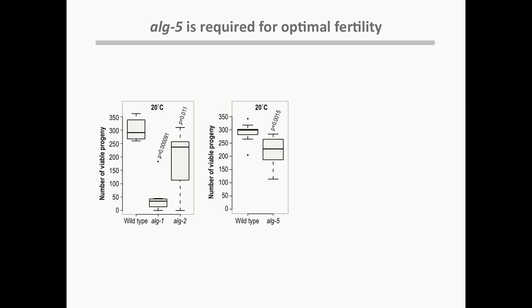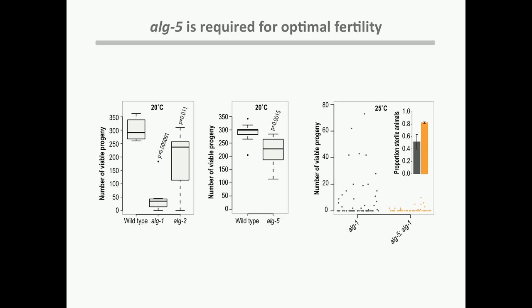Not nearly as dramatic as what we see with ALG-1, but it's actually somewhat additive with ALG-1 as well as with ALG-2, which I'm not showing here. So in ALG-1 single mutants, we see about 50% of the animals being sterile. In an ALG-5, ALG-1 double mutant, we see greater than 80% of the animals being sterile.